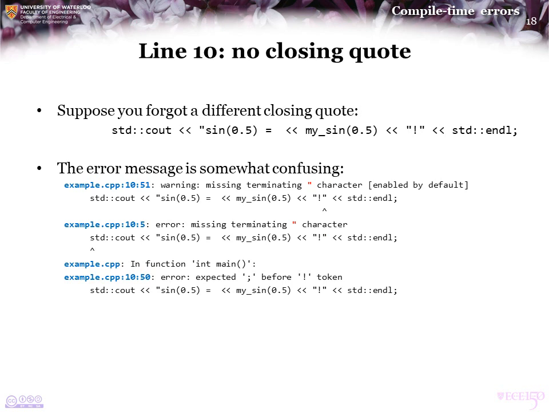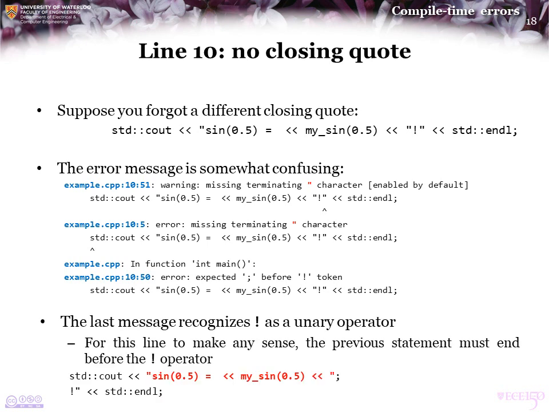Now, if you forget the closing quote here, then we have a different issue because the line has two strings on it. So essentially, what's happening here is that it's interpreting all of these characters as a first string. It then tells you, oh, wait a second, I have an opening double quote here, but there's a missing closing double quote. And between these two strings is an exclamation mark.